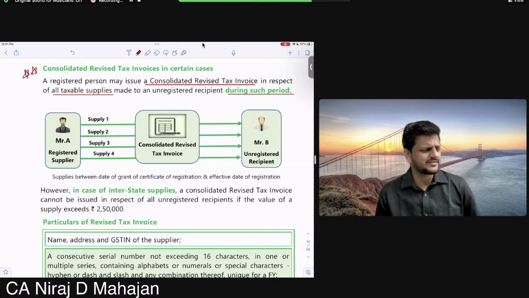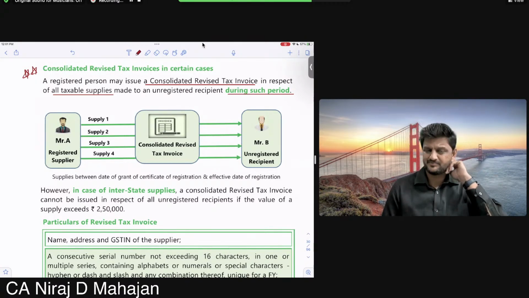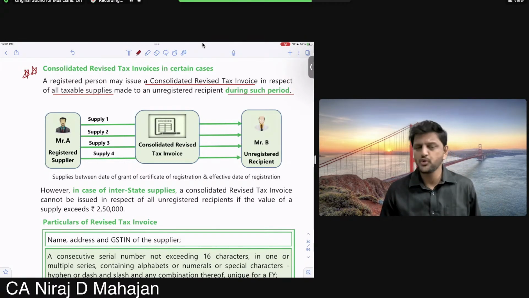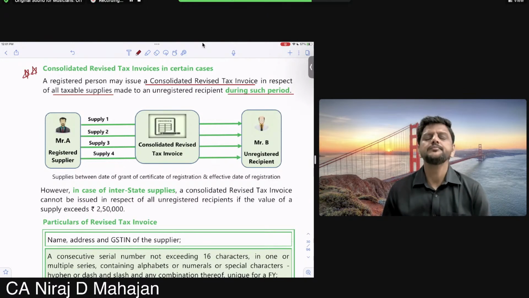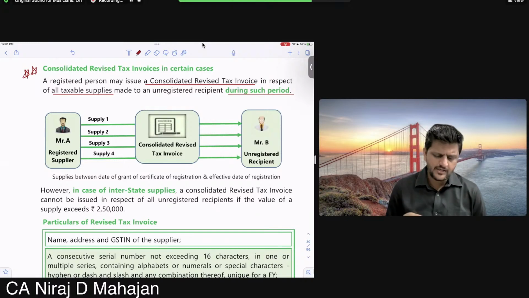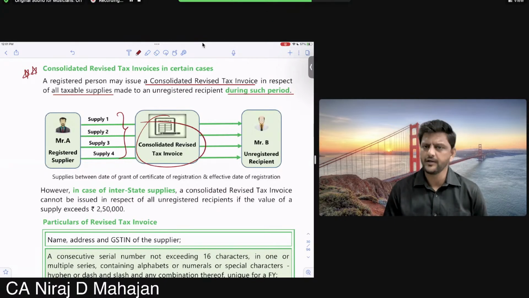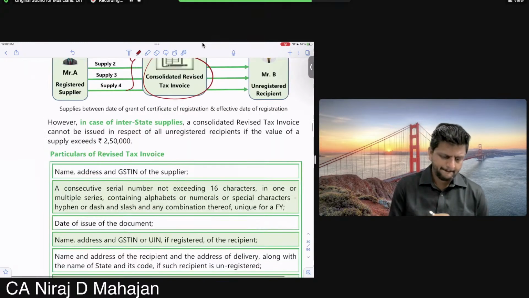Does it make any difference to the URD? The URD is not going to claim any kind of ITC. Suppose A has done a total of 4 supplies. For all of that, you can issue a single consolidated revised invoice.